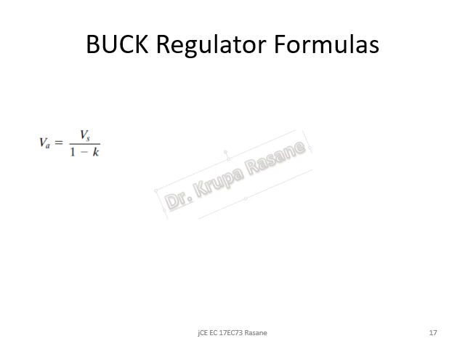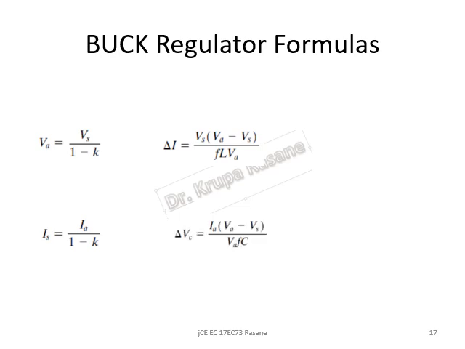So looking at the formulas of the boost regulator, we know the output voltage is equal to the input voltage divided by 1 minus the duty cycle K. We also know that the supply current is equal to the load current upon 1 minus the duty cycle. This is the ripple current, which is equal to Vs into (Va minus Vs) upon FL into Va.